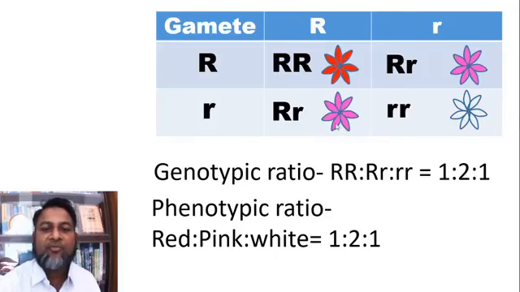This pink flower is the deviation from Mendel's law. According to Mendel's law, we get the dominant red flower or white flower. We do not get dominant characteristics in the heterozygous condition. So this is the deviation of Mendel's first law.